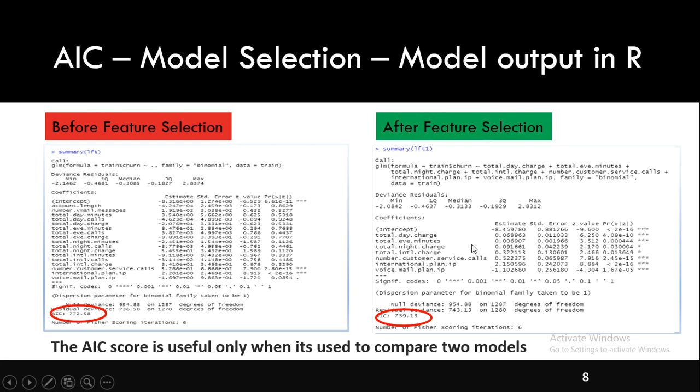After I did the feature selection, the model AIC dropped to 759.13. By comparing these two models, this is the best fit model because the lesser the AIC value is, the better the model. So AIC score is helpful only when it is used to compare or to perform the model selection.